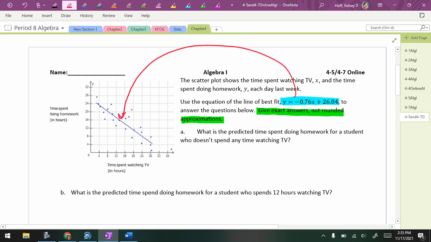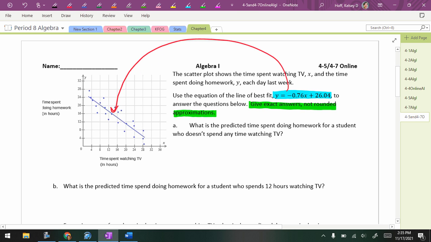So what is the predicted time spent doing homework for a student who doesn't spend any time watching TV? How do you get that? Very good. Time spent watching TV is really your X. So if he doesn't do any time watching TV, his X is 0. Y equals negative 0.76 times 0 plus 26.04.